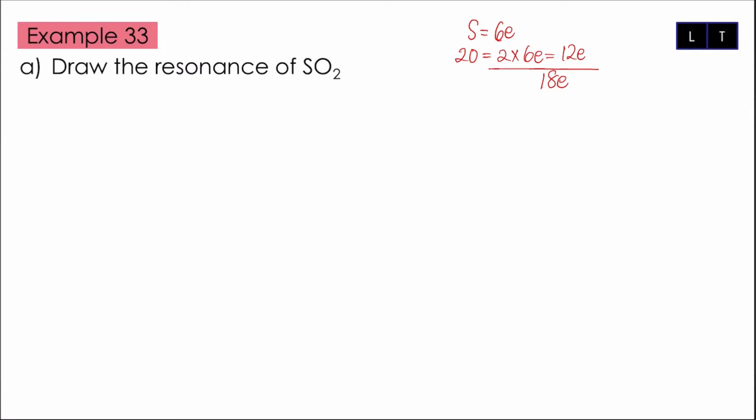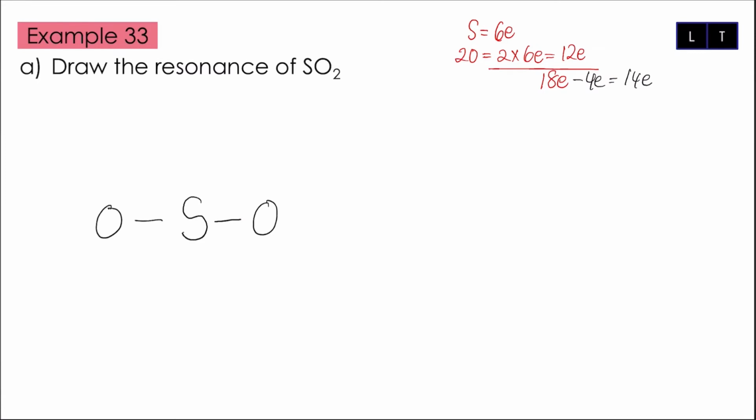The first one where my central atom should be sulfur because sulfur is the least electronegative compared to oxygen. So sulfur will be the central atom. And I have 2 oxygens, so we got 2 bonding pairs between sulfur and oxygen. 2 bonding pairs means 4 electrons, so 18 minus 4, I got 14 electrons left.